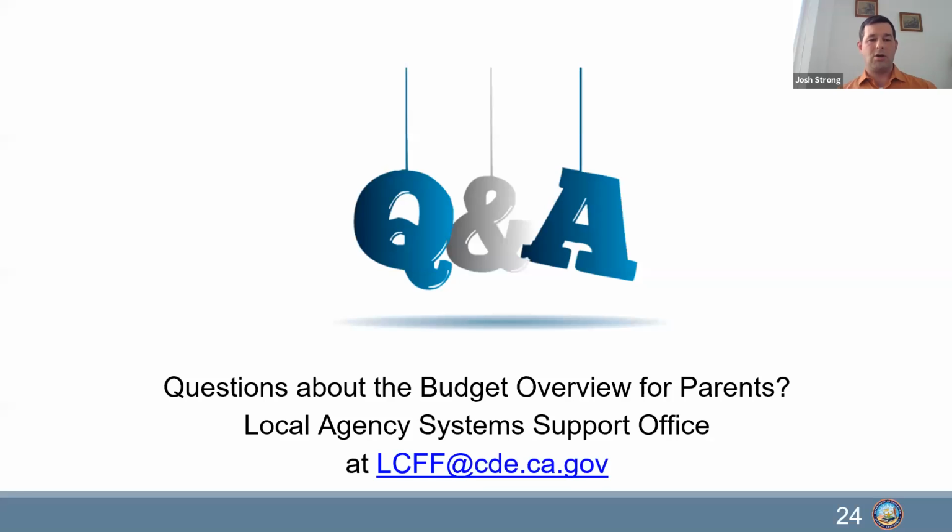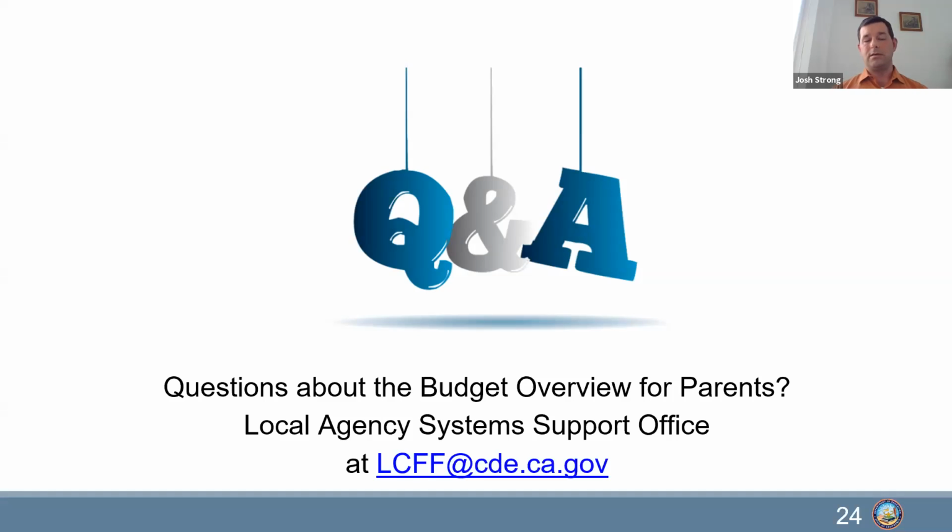So there's a question here about the original budget overview for parents was a cover to the LCAP. This is for 2020-21, the budget overview for parents template is a standalone document, but it's posted, so don't attach it to the cover of the first interim report.